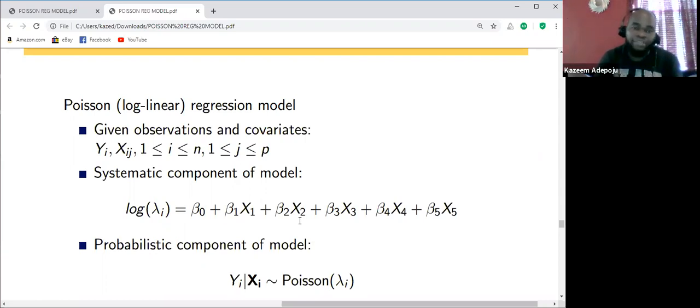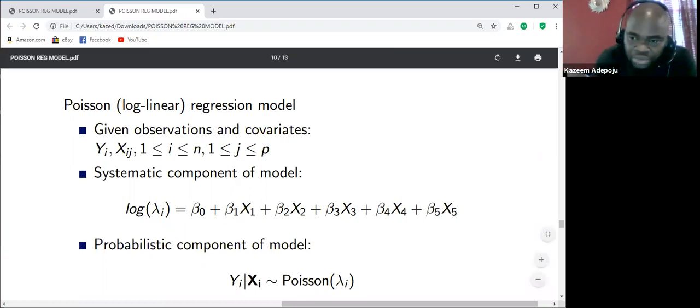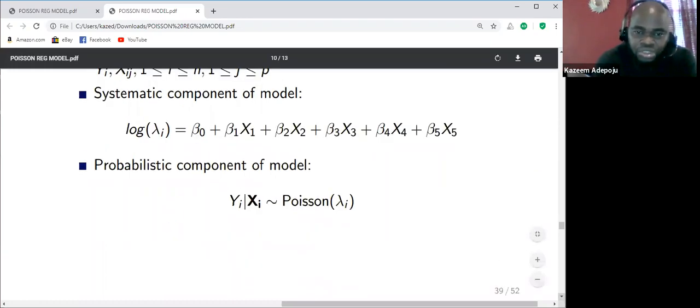We could have a 2 by 2 by 3 and so on. And of course, this is the distribution of count data. The distribution of the count given any predictor is Poisson, with lambda i as the rate parameter.